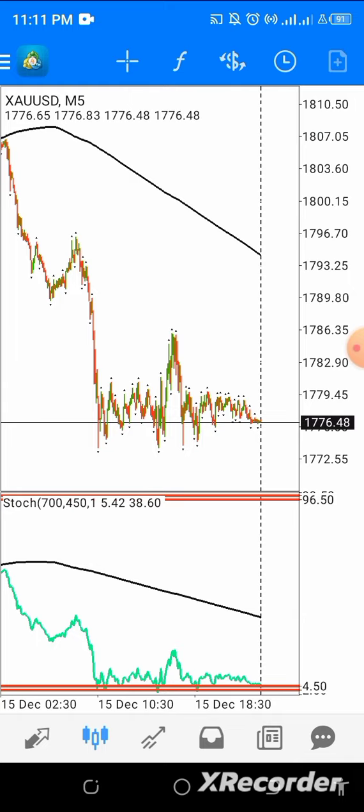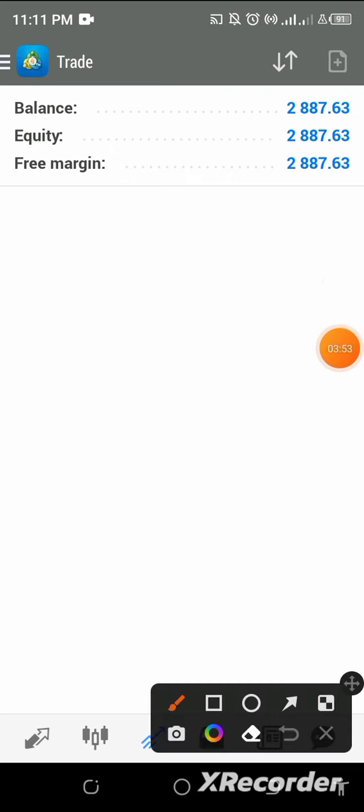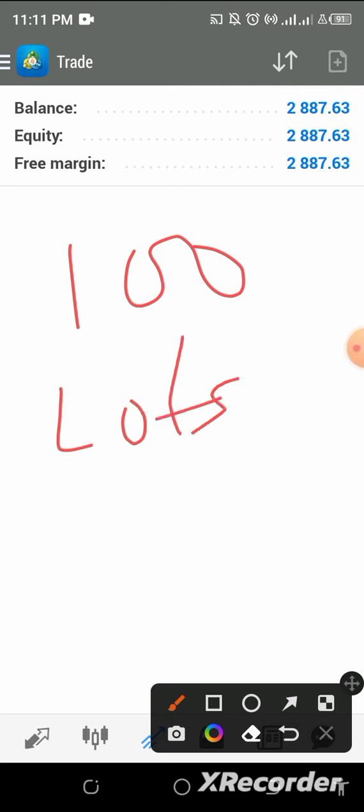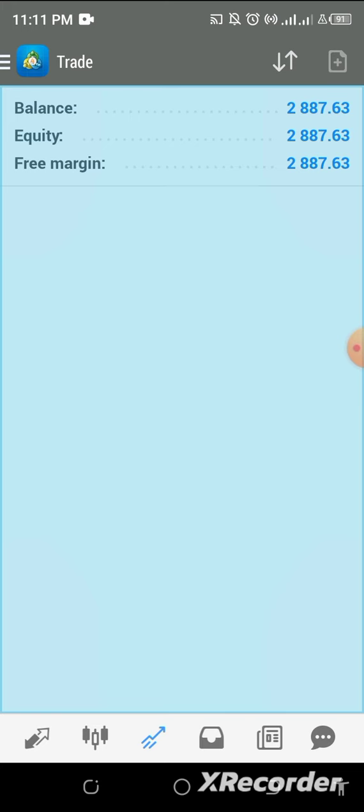And then I move again to the money management rule. Any account that is lesser than $100, the lot size is 0.01.